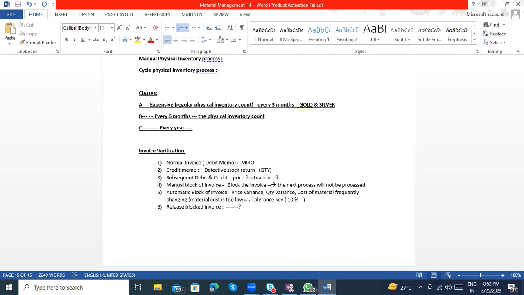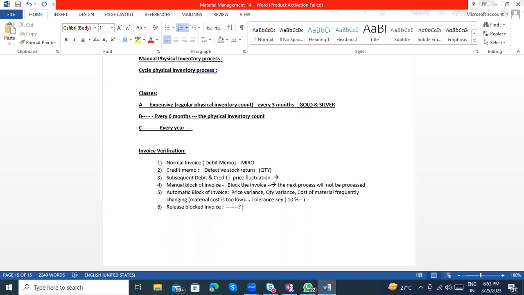I am asking whether flagging and blocking is different or the same. Flagging, where is the flag? Like to block a vendor, in MM it will show as flagging the vendor or unflagging the vendor.